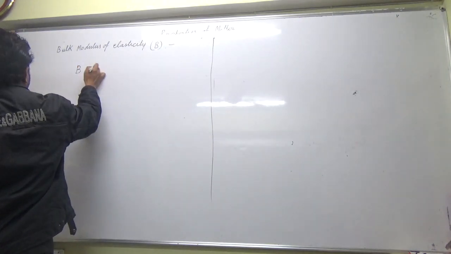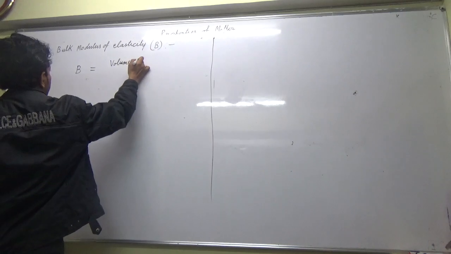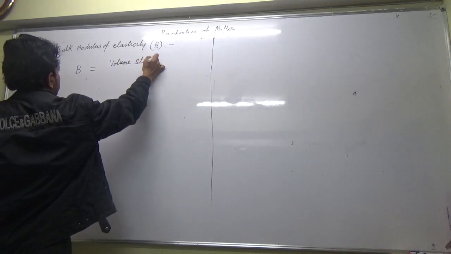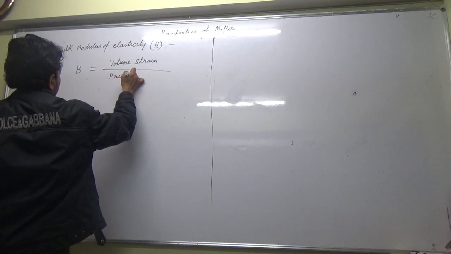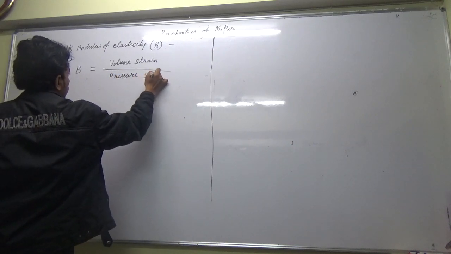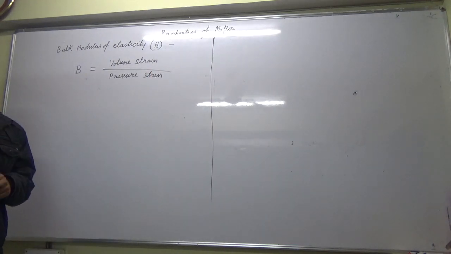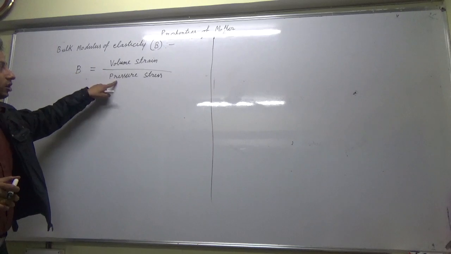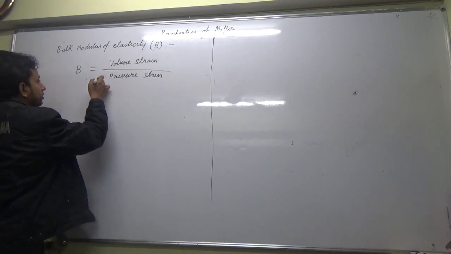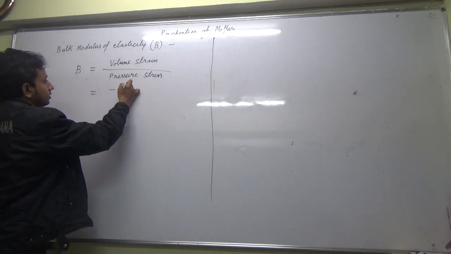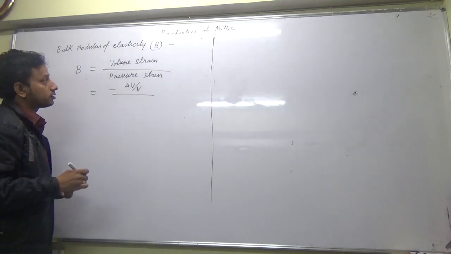So bulk modulus is pressure stress, or simply pressure, divided by volume strain, and we put a minus sign here because with the increase of pressure volume decreases. So we write minus delta V by V. The stress will come on top, right?